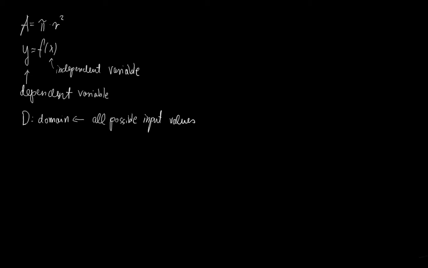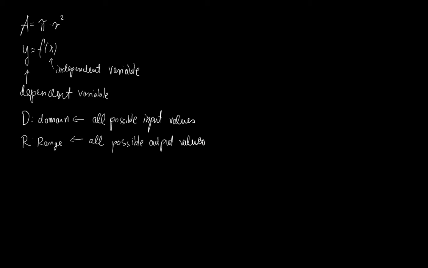And the set of all values of f of x as x varies throughout D is called the range of the function. So R stands for range, and this means all possible output values.